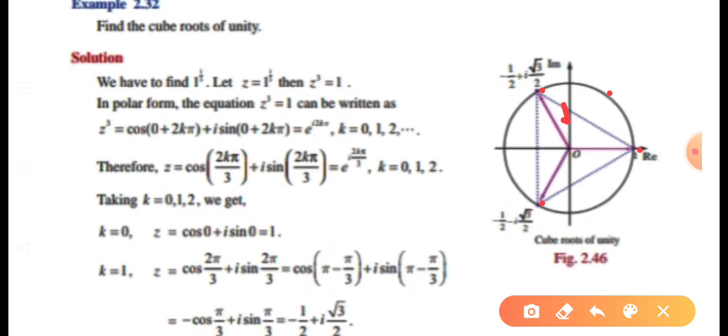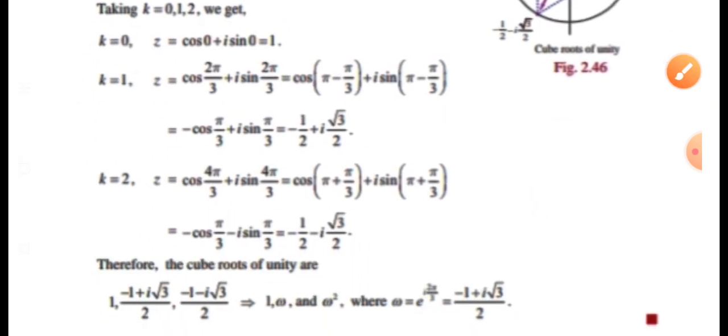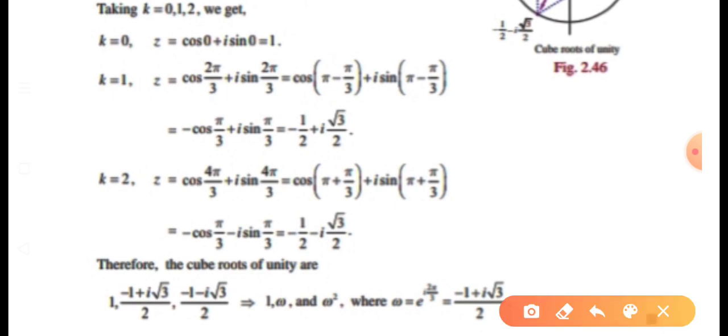Here the radius is how much? 1 unit. And the arguments differ by equal amounts, that is e power i 2π by 3. Are you understanding?